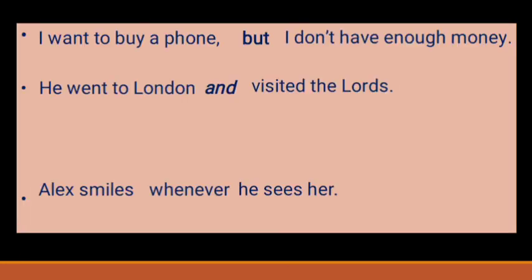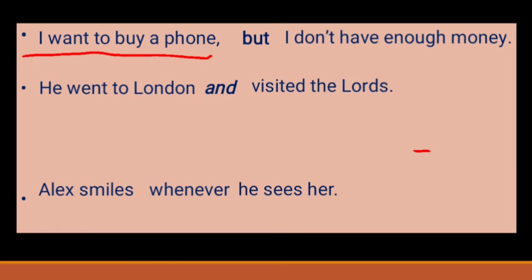Let's see. In the first sentence, I want to buy a phone, but I don't have enough money, which among the coordinators has been used? It is the coordinator but. If you take a look at the first clause, I want to buy a phone, does it have a complete meaning?